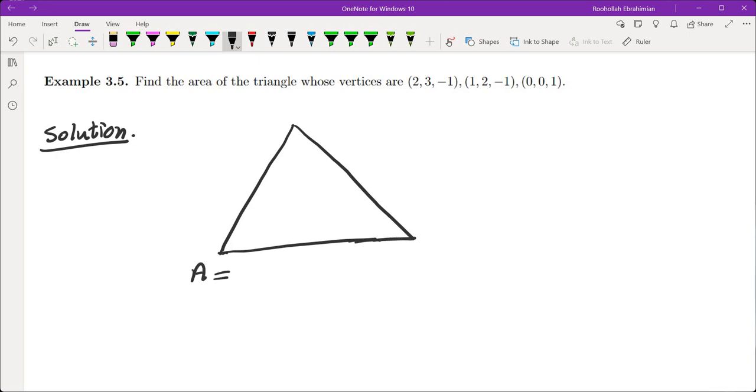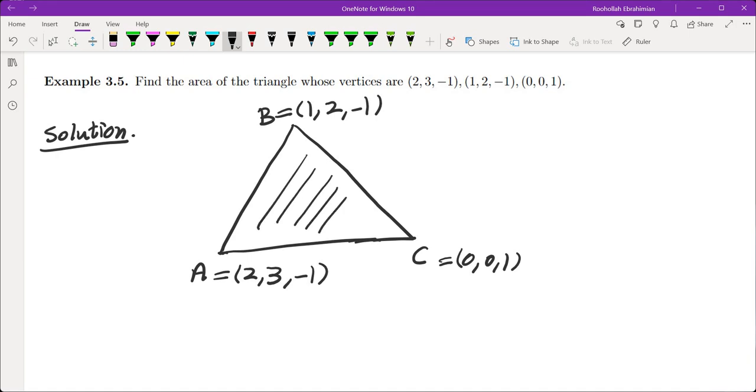So let's say A is (2, 3, -1), B is (1, 2, -1), and C is (0, 0, 1). We want to find the area of this triangle. Well, we know how to find area of a parallelogram. So what we do is we're going to create a parallelogram here. We are going to evaluate the area of the parallelogram, and then we are going to divide it by 2.